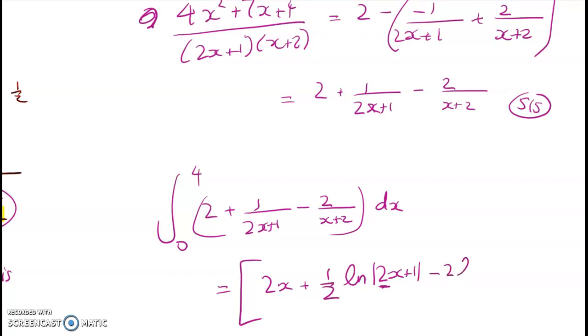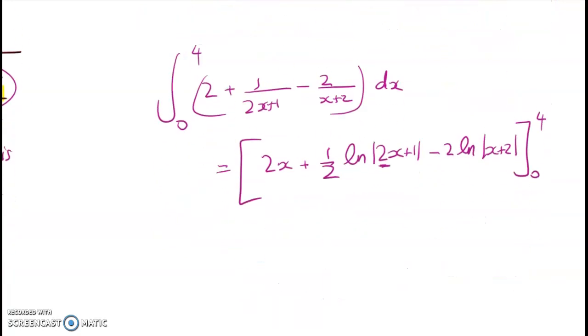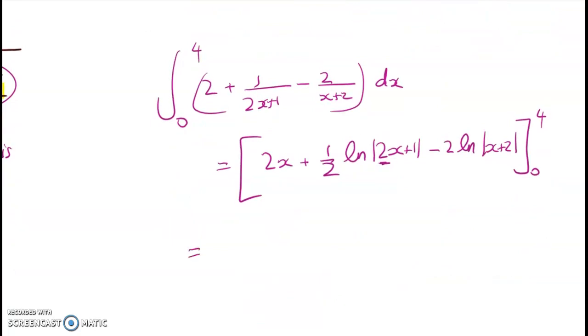And here we get minus 2 times natural log of x plus 2, evaluated between 4 and 0. So putting in the 4, we get 8 plus a half log 9 minus 2 log 6.